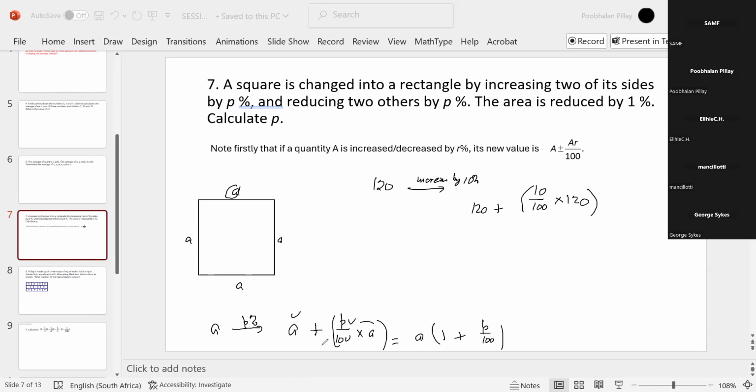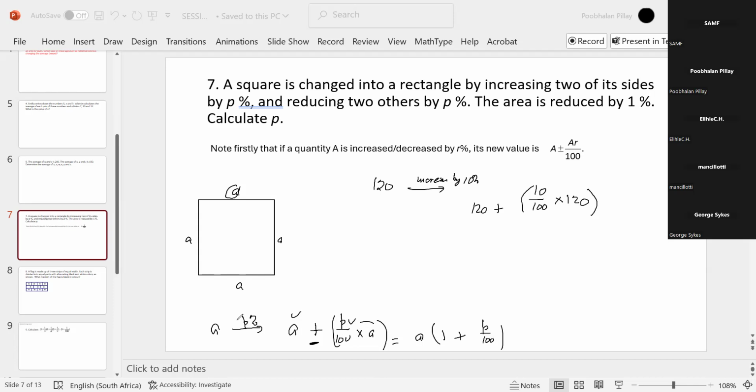So you can take out A, and you can make the sum into a product. Now, this is a very, very important thing in mathematics, where you can convert sums into products, provided you've got what you call a common factor. A is a factor here, and A is a factor here. This is A times 1, and this is A times P over 100. It's a common factor, so you take it out, and you get this.